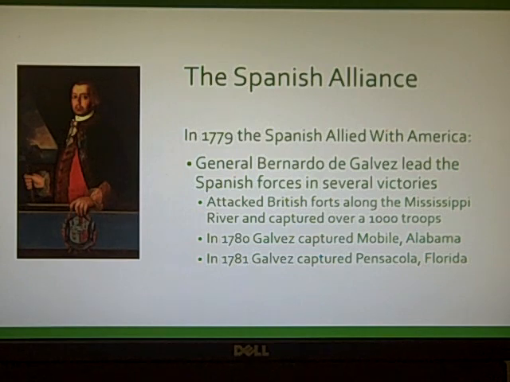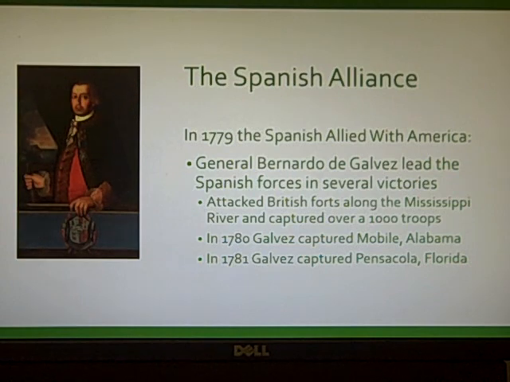It's in one of the PowerPoints somewhere. Because Spain is late, and Spain actually sides with the French. Spain comes in late on the side of the French, and it cost them Florida. Now Spain's going to come in late on the side of the Americans in an attempt to regain some territory.